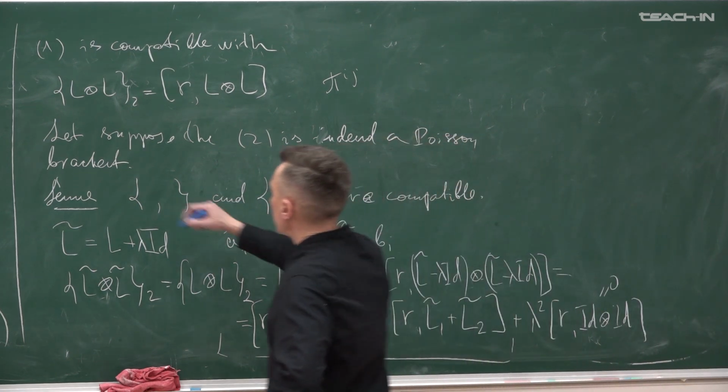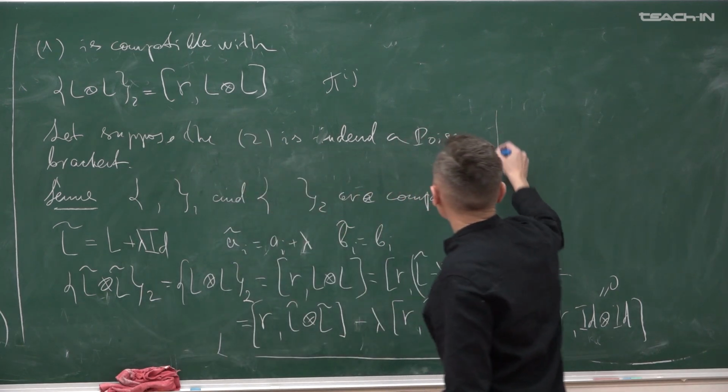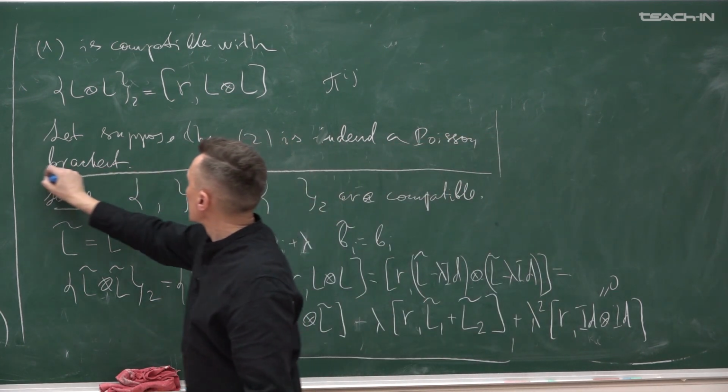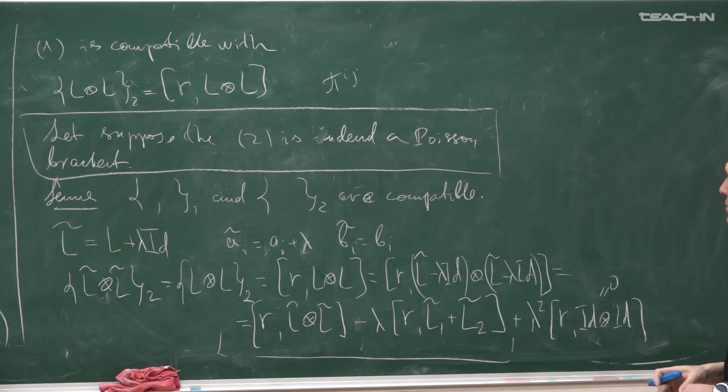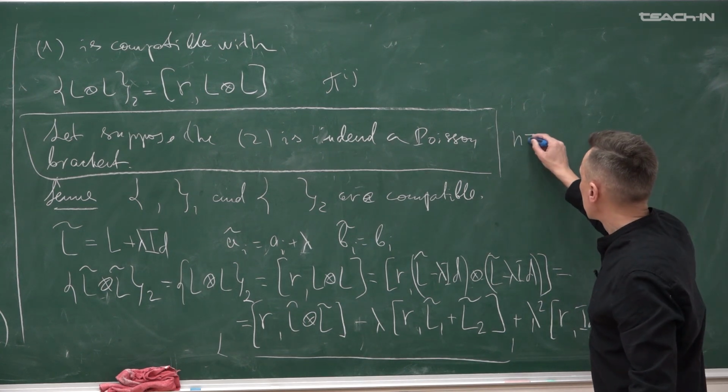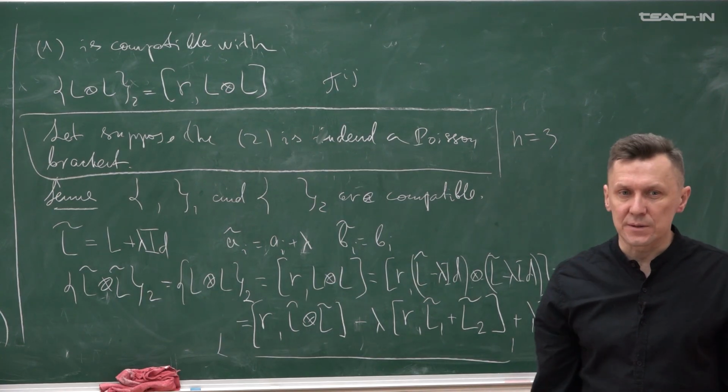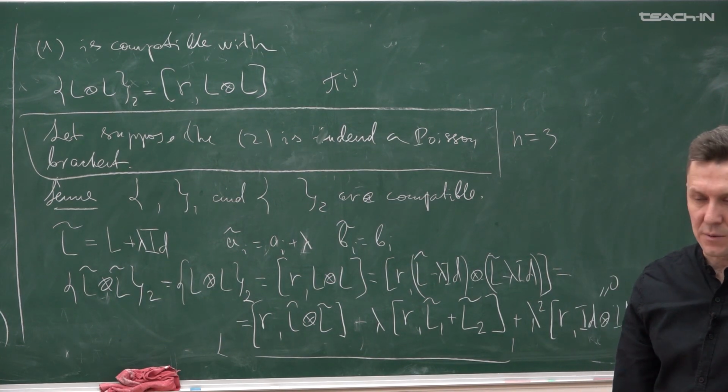So now we will try to comment on this, but the best way, I think, is to verify it in simple examples. Let us verify that it is a Poisson bracket for n equal 3.